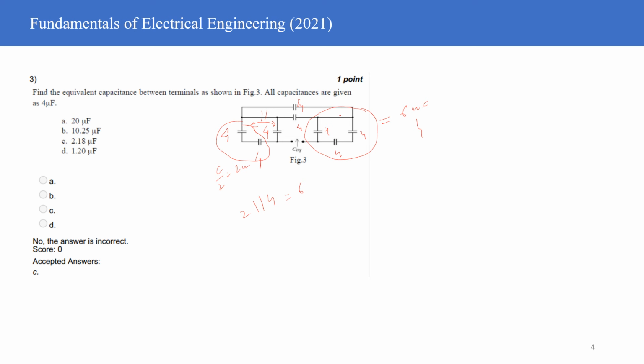And if you see, these three sections are coming in series with the one in the center. So this is 6 microfarad from this section, total 6 microfarad. And the central section is 4 microfarad, and the right section is again 6 microfarad.